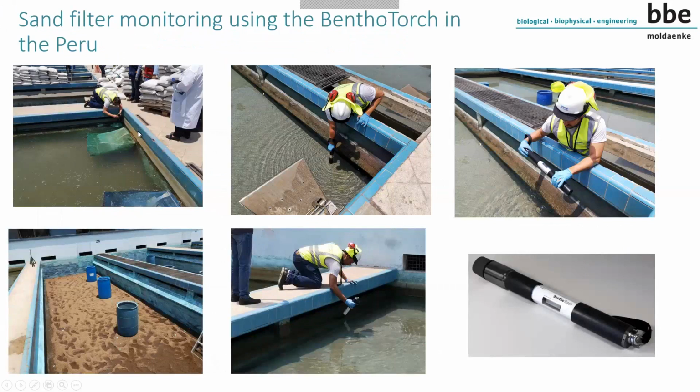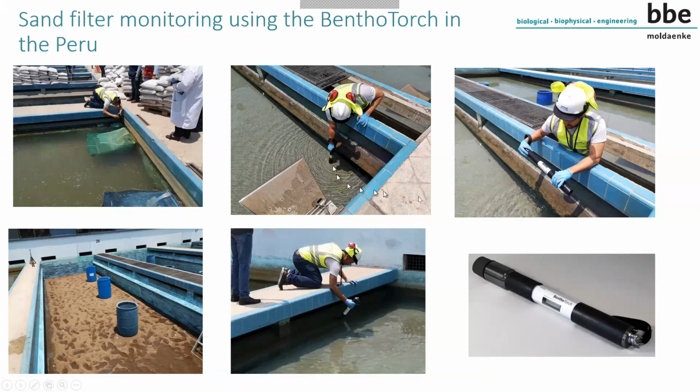Now another topic, filtering. I've been in Peru, where they installed a fish toximeter, but here they also have a benthotorch, and it was a very interesting application they made. There are these drinking water basins here, you see, and they measure the benthotorch on the sand filters and see the value of the benthic algae in the water, and then they know if they have to remove the sand.